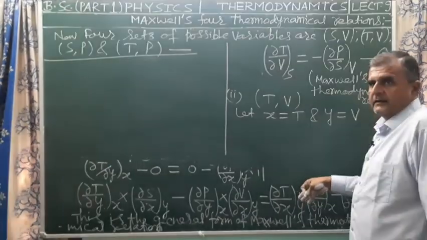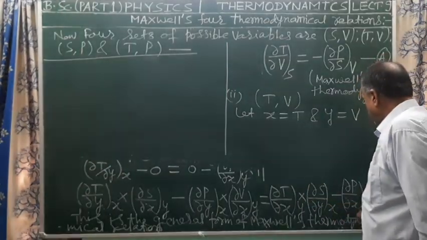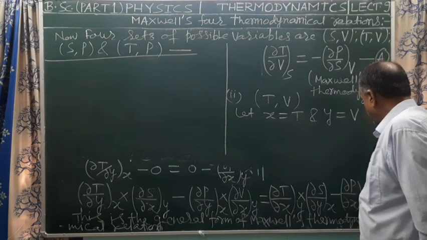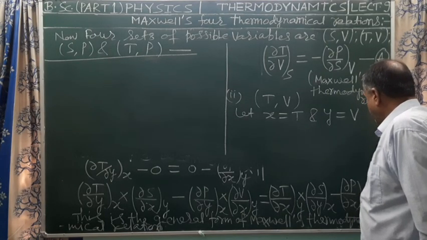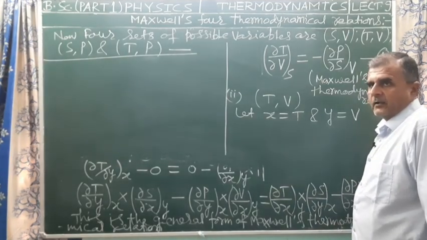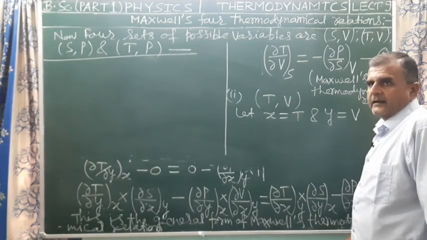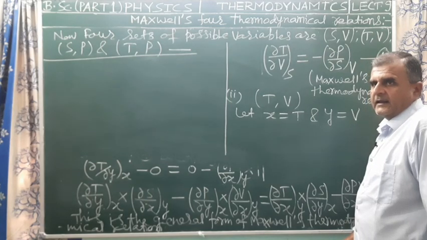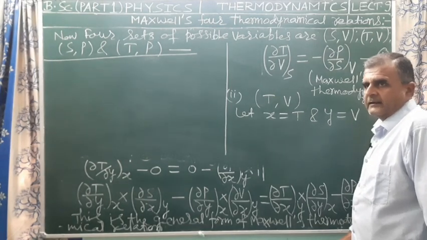So equation 8, the general form of the Maxwell thermodynamic relation, gives the final result: del S upon del V at constant temperature T equals del P upon del T at constant volume.